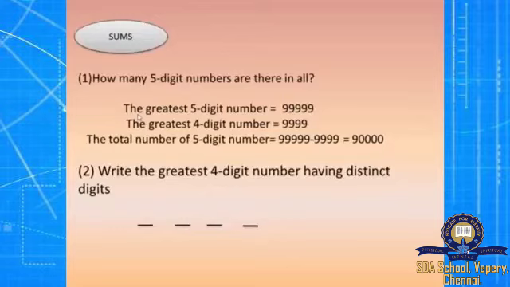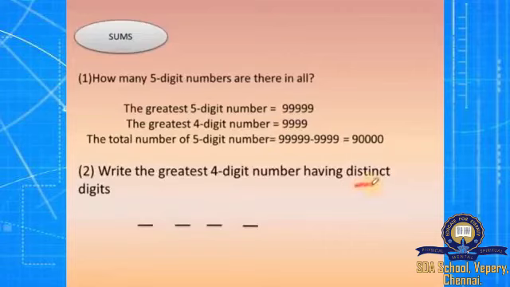The second question is, write the greatest 4-digit number having distinct digits. We have to find the greatest 4-digit number, and it should have distinct digits. So the greatest 4-digit number will be 9,999, but here is a condition.